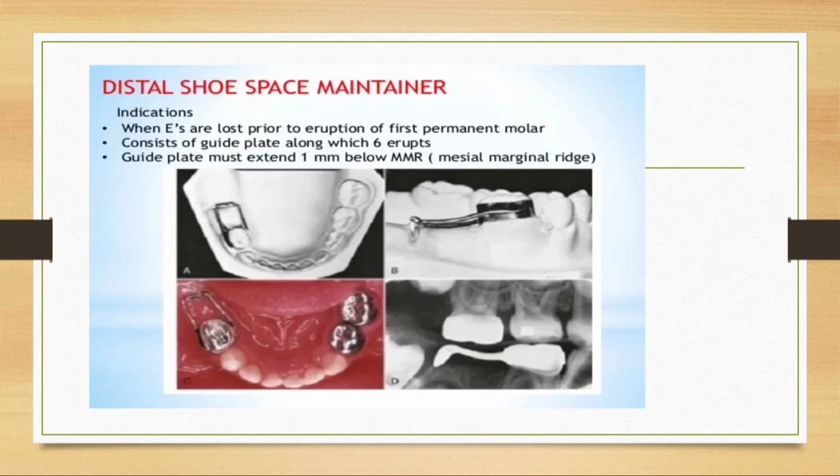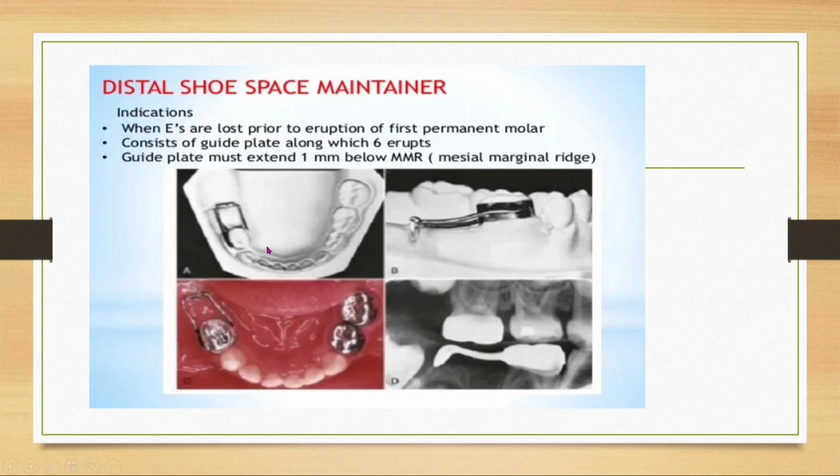As I mentioned, when the deciduous second molar, that is E, is lost prior to the eruption of the first permanent molar. See, the permanent molar will be erupting distal to the second deciduous molar, that is distal to E. This D and E will be replaced by the premolars.